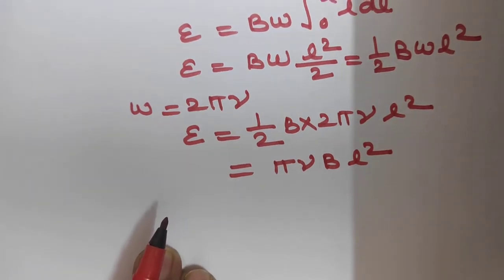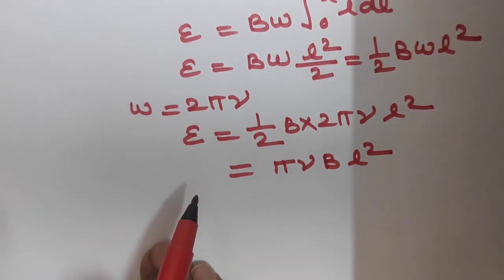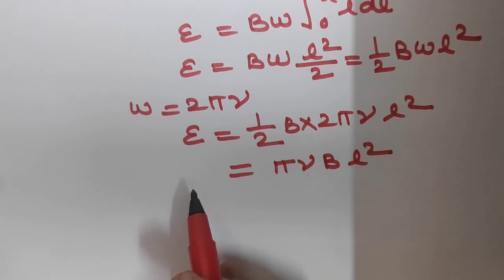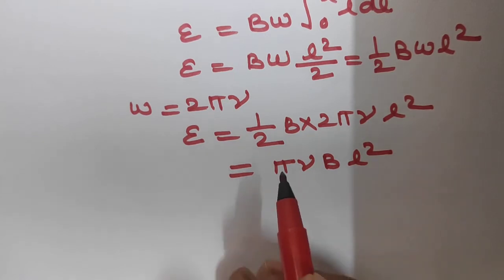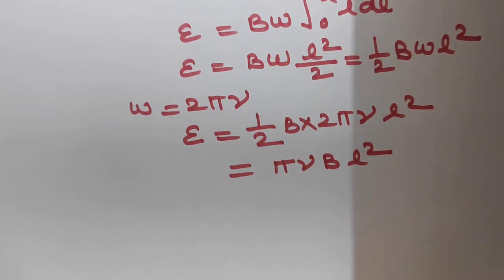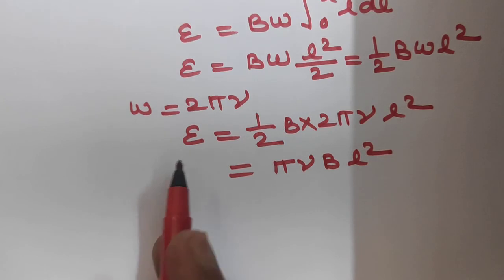Now the second part, we have to find the expression for the magnitude and direction of the force acting on this rod due to the presence of current in the rod. We know when a current carrying conductor is placed in a magnetic field, it experiences a force which opposes the motion of the conductor.